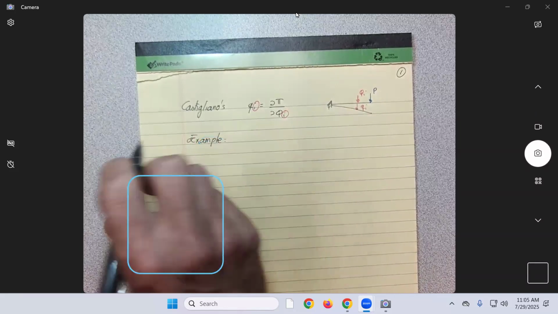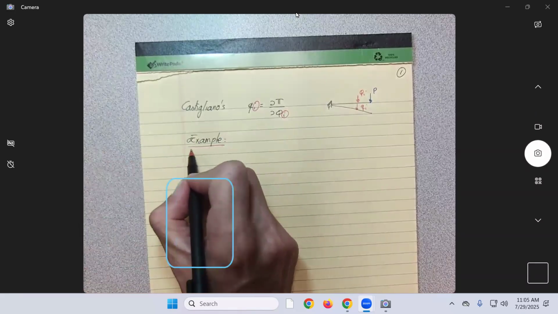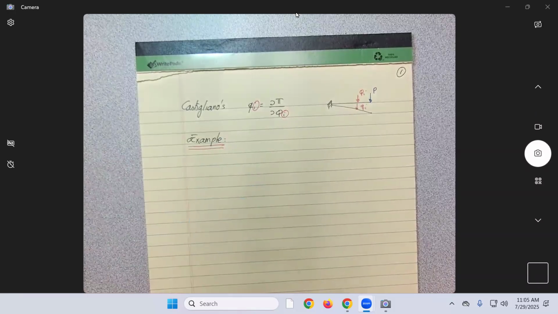Before that, we derived the expressions for the strain energy when a structure is subjected to axial loading, bending, torsion, and shear. Each one of these loads has a specific equation or definition for the strain energy.